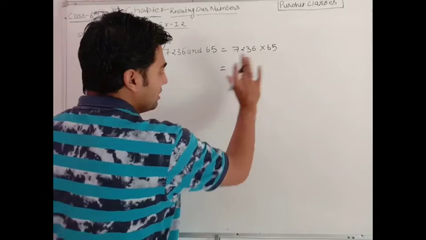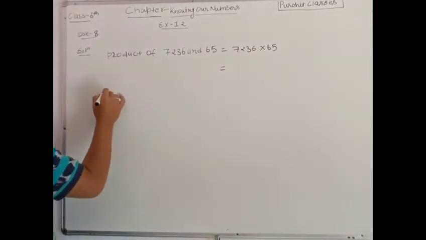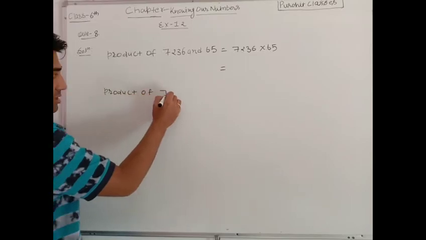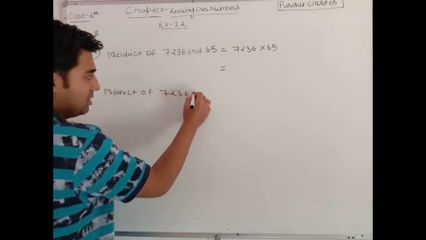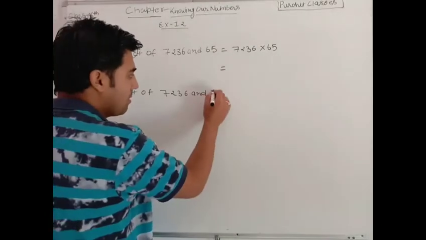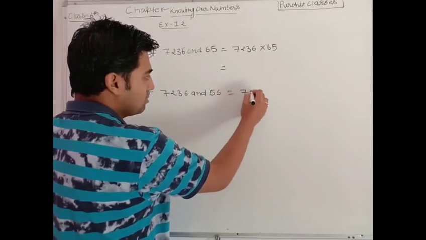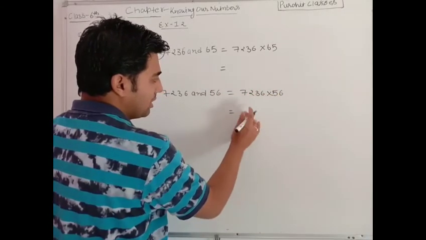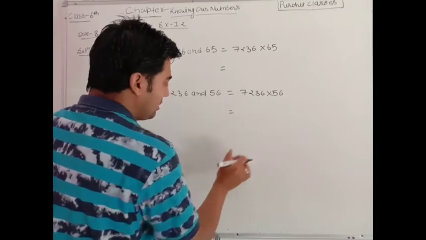Whatever will come, you will find your answer. Okay, now next, product of 7,236 and the actual digit which he had to multiply, it was 56. That will be given by 7,236 multiplied by 56. Now again by calculation you will find out your answer.